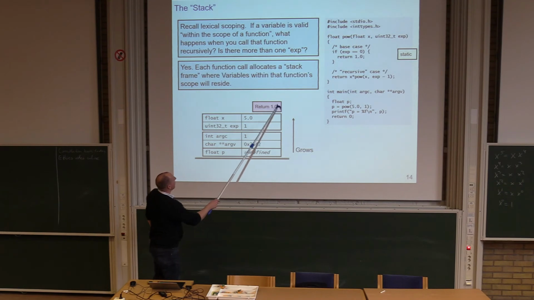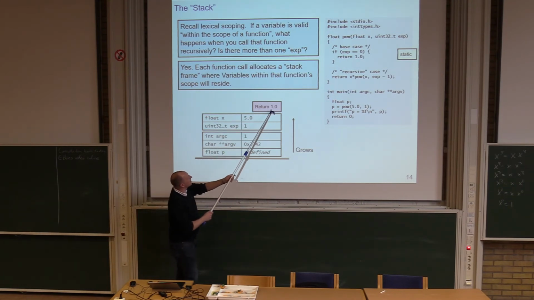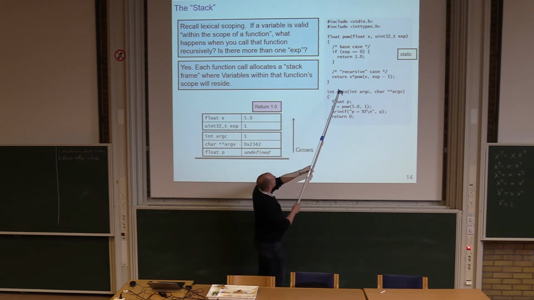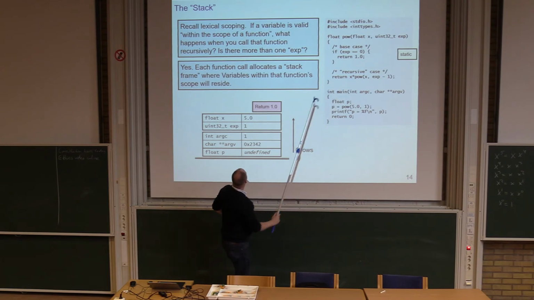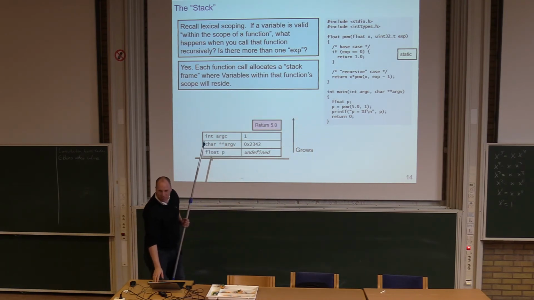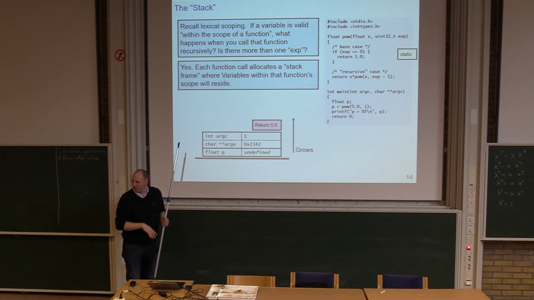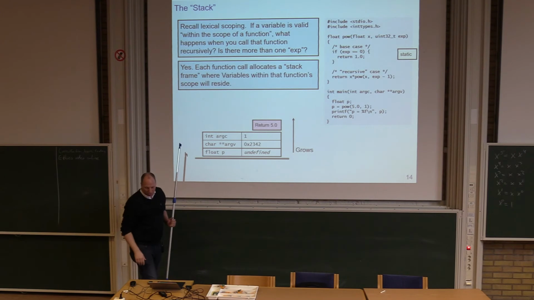So we will return 1.0 here. And now we will take this, so execute in the first instance of this power function. So this will return 1, and then we will multiply by x, which is 5. So now we return 5 and remove the two variables that were on top of the stack.